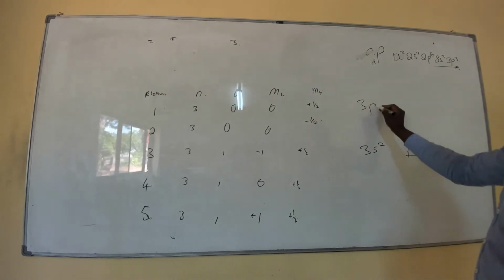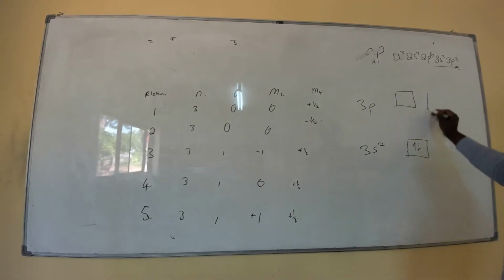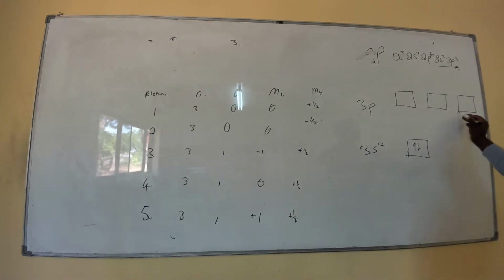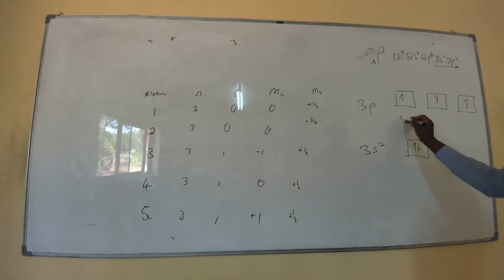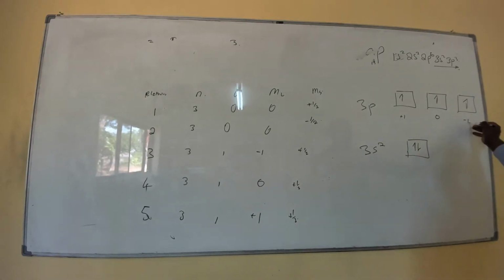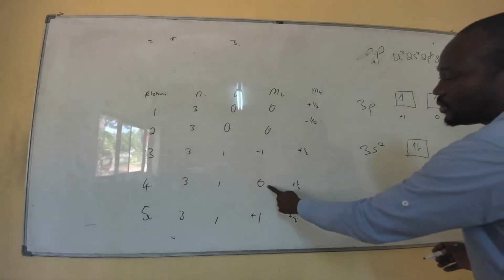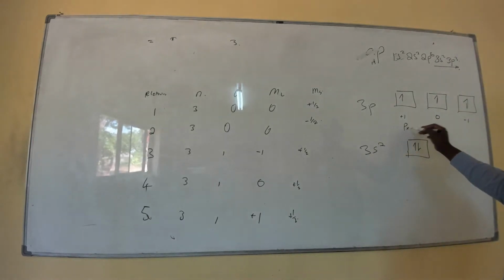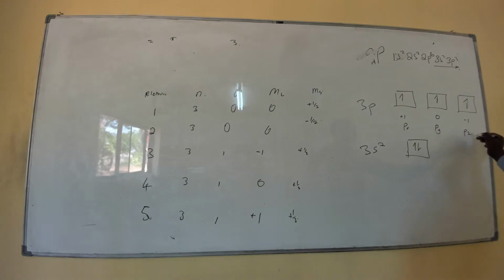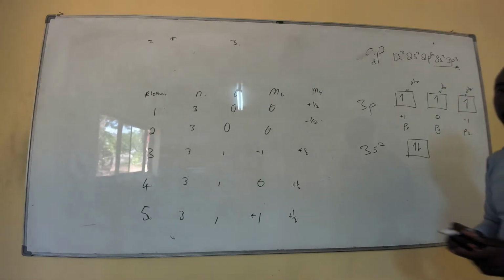Then for the 3p, there will be three of them: 1, 2, 3. So this is +1, 0, and -1. One is the px, py, and the pz. Each one will get a single electron. Since all of these are pointing in the same direction, this would be +half, +half, +half.